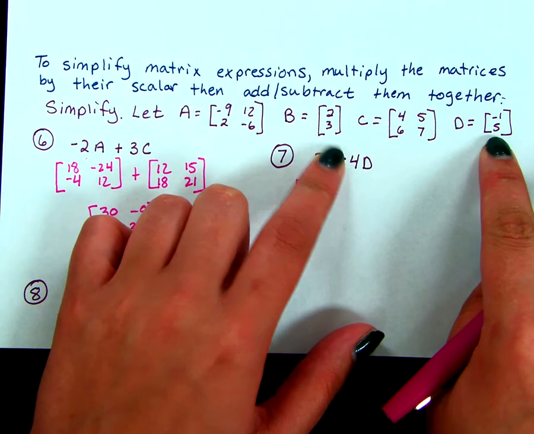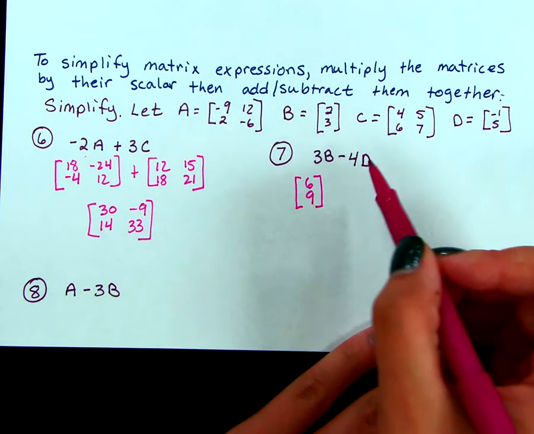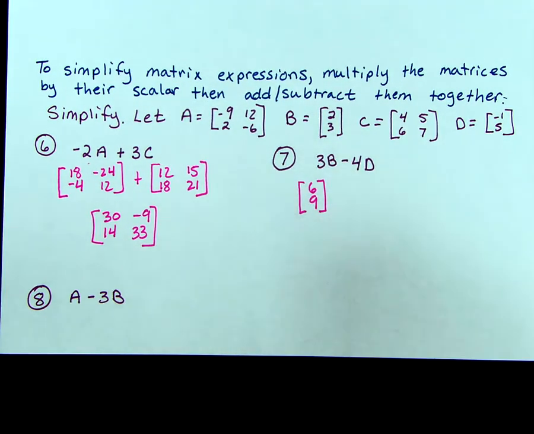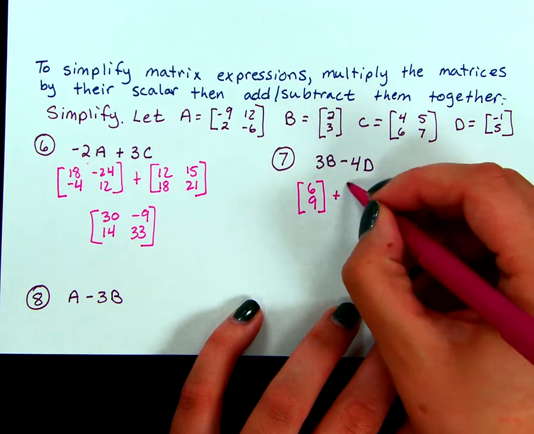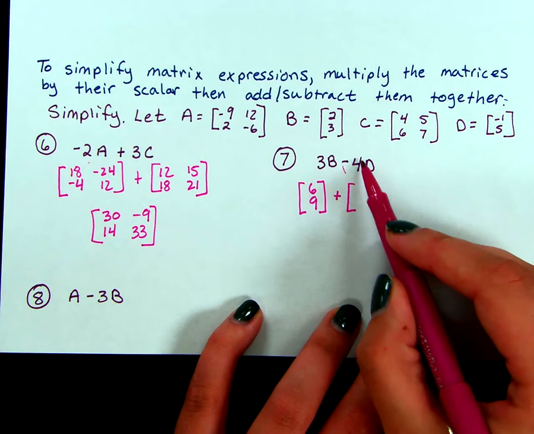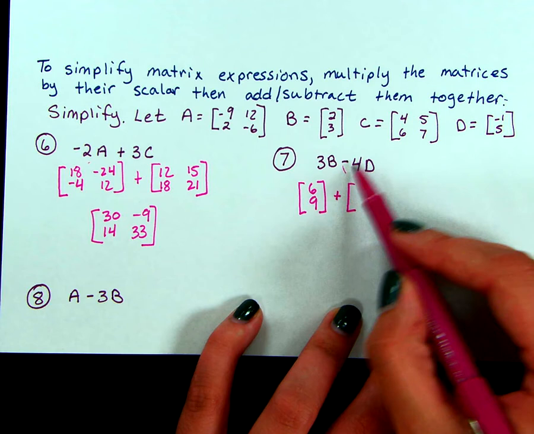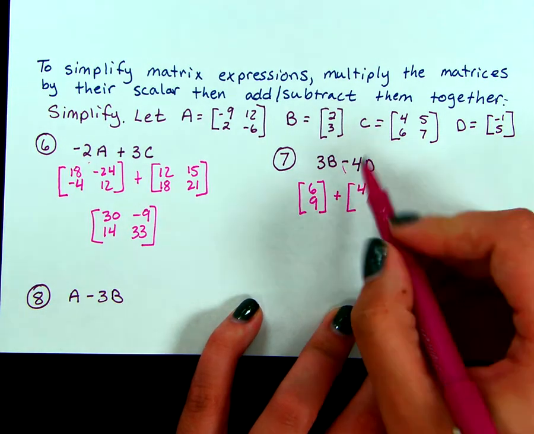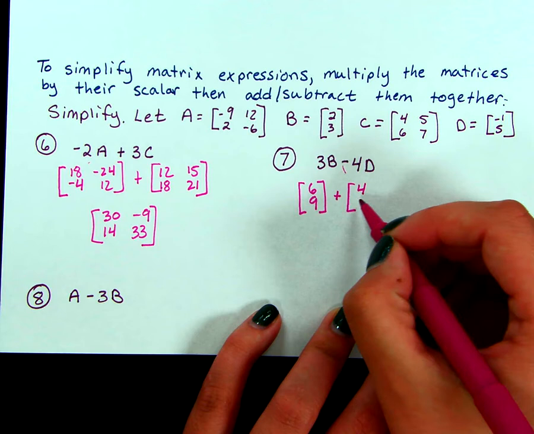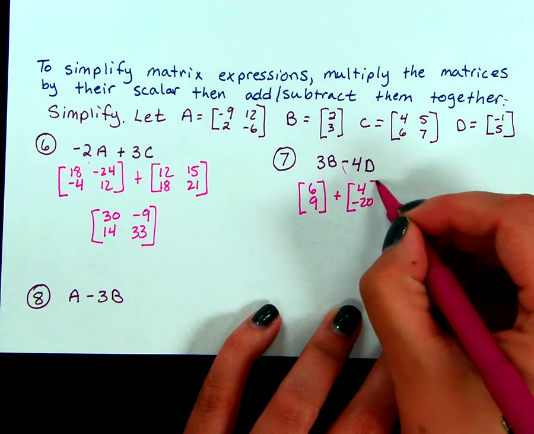If we multiply by -4, then we're going to write addition. So I'm going to put plus because I'm going to multiply by -4. So I'm going to take -4 times everything in D. So -4 times -1 is positive 4. And then -4 times 5 is -20.